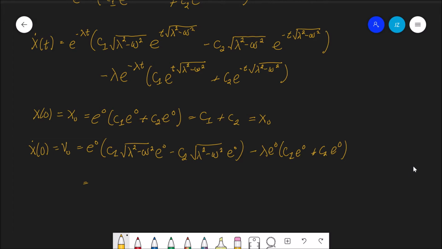So we're going to have C1 square root of lambda squared minus omega squared minus C2 square root of lambda squared minus omega squared minus C1 lambda minus C2 lambda.